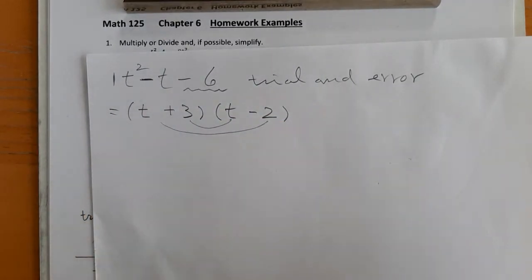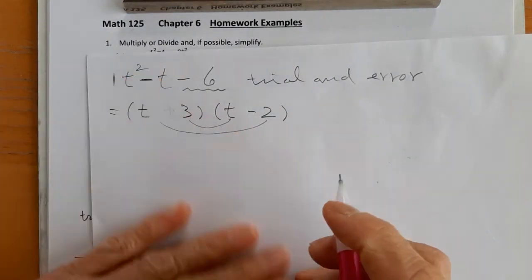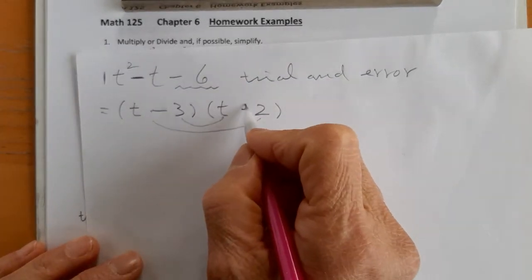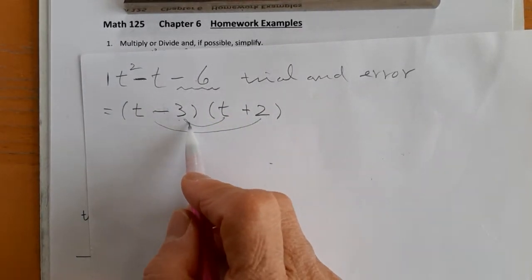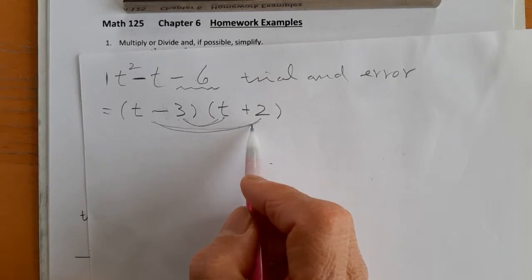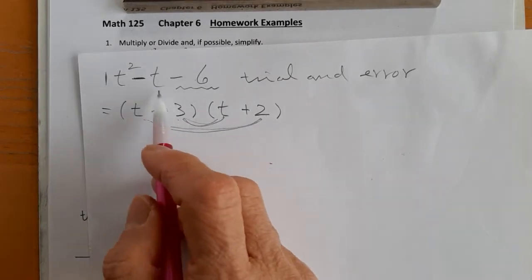So this one is not the right one. So we switch the sign, negative 3, positive 2. And then negative 3 times 2 is negative 6. And the inner term product and outer term product, negative 3t added to 2t, is a negative t.